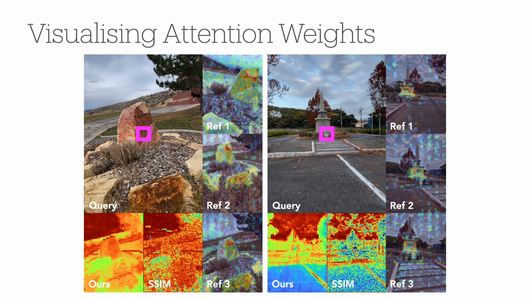Here we also visualize attention weights in our cross-attention module. On the top left, we show a query image, and we also show a patch of interest, which is highlighted by the magenta box. On the right, we show 3 reference images and the attention weights inside the cross-referencing module. From this visualization, we show that our method, in order to make a prediction of a query region, is paying attention to similar structures in reference images.